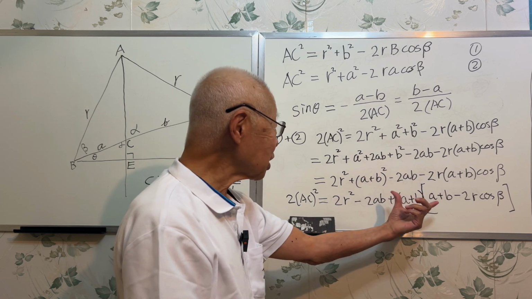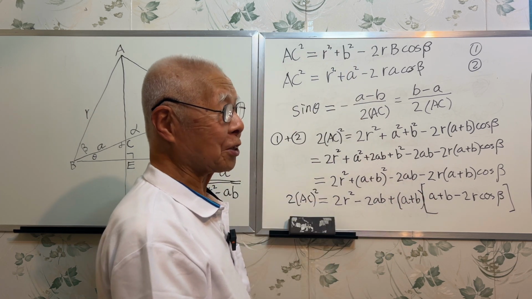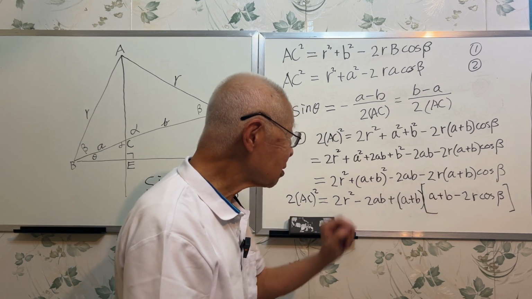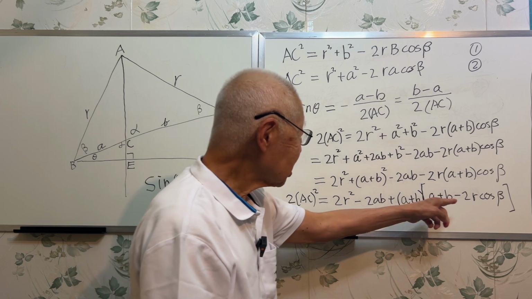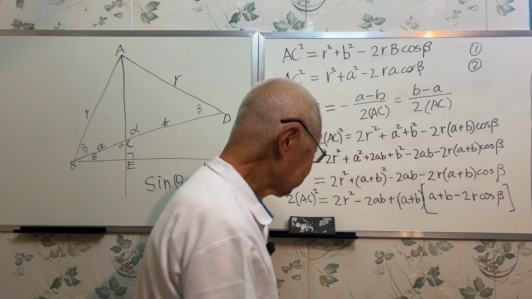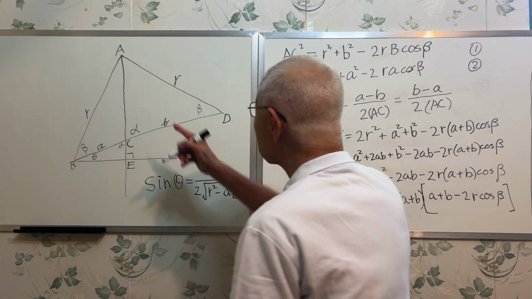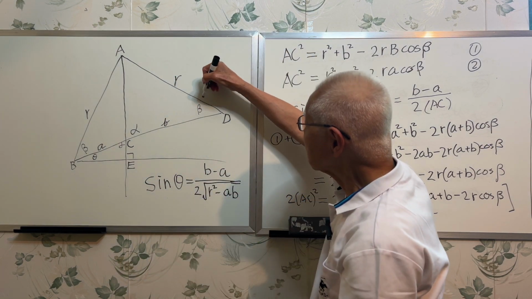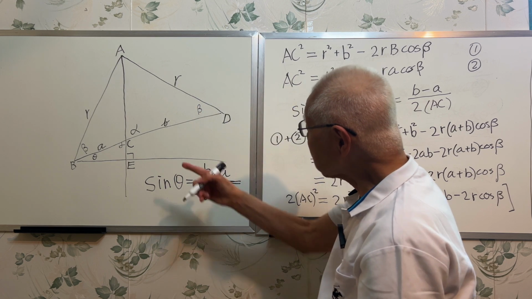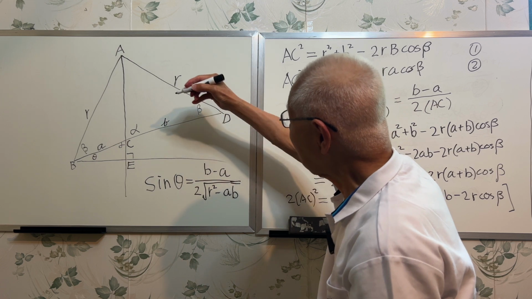If I can show this is 0, I'm all set. Is this part 0? Let's look at r cosine beta. I don't have cosine beta here. Oh, okay.